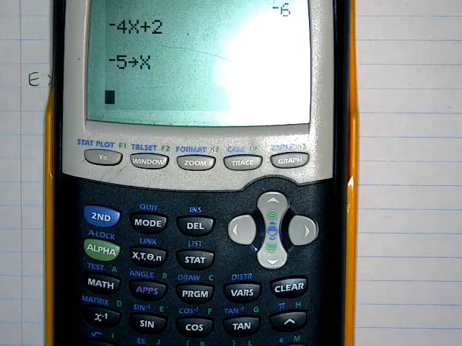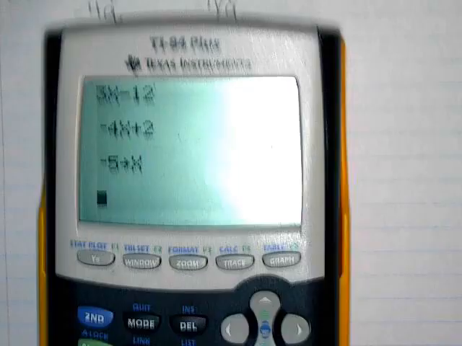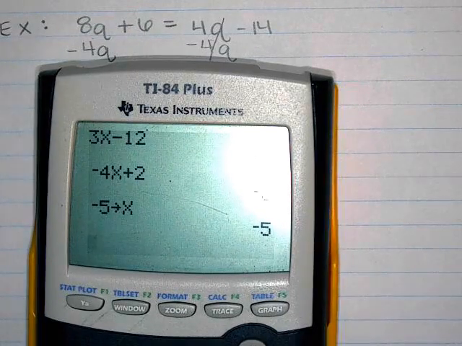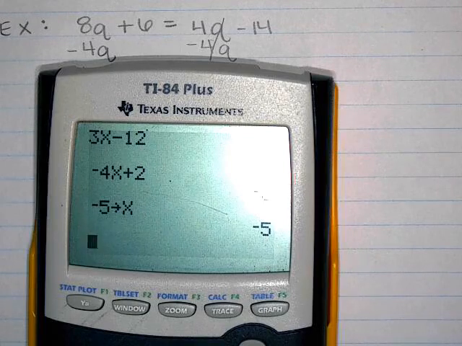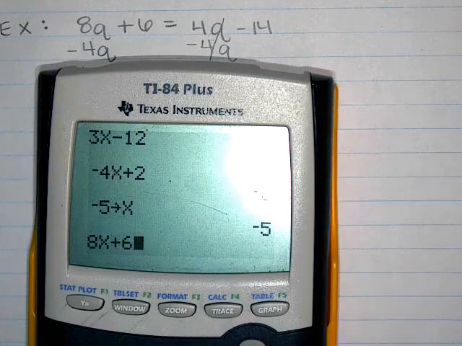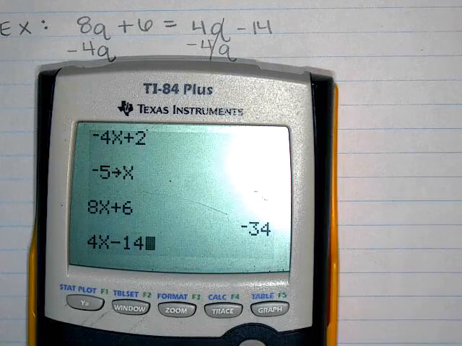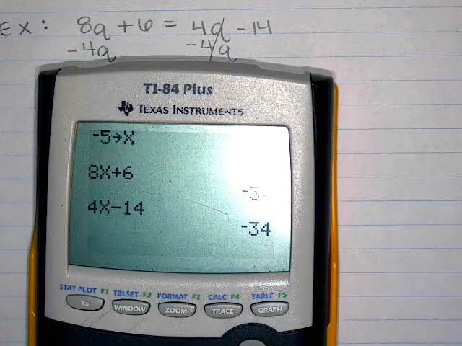And then I'm going to type in the left side of the equation and type in the right side of the equation, make sure they're the same. So I've got 8x plus 6. That equals negative 34. 4x minus 14. So if they're both negative 34, that means I got it right.